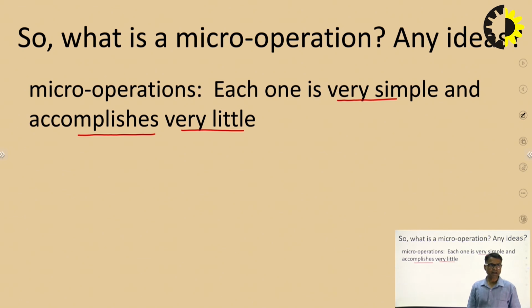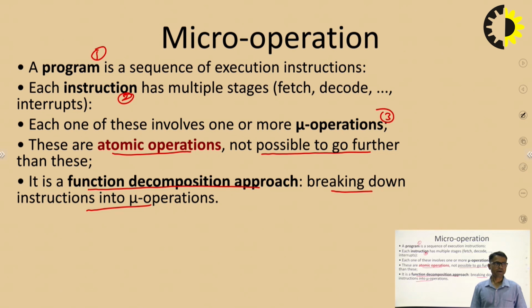As discussed, it does very little and it is very simple. So we'll see later in the lecture how it is very simple and how it is doing very little task. Fine. So a given program is broken into instructions, and the instructions are further broken into micro operations, and this approach is known as the functional decomposition approach.